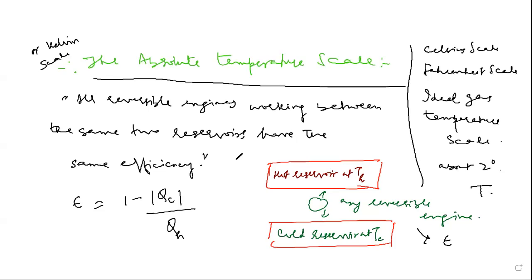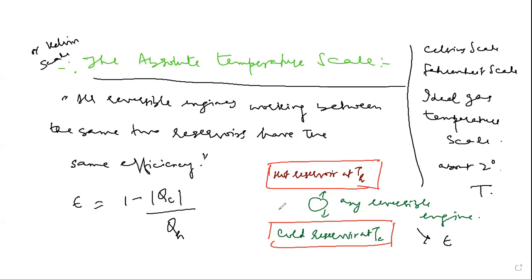Now, the efficiency of all reversible engines working between two given reservoirs is the same no matter what kind of system is used for the heat engine. This is important. You use any system, any working substance for your reversible engine, but for a given pair of heat reservoirs, it will have the same efficiency.